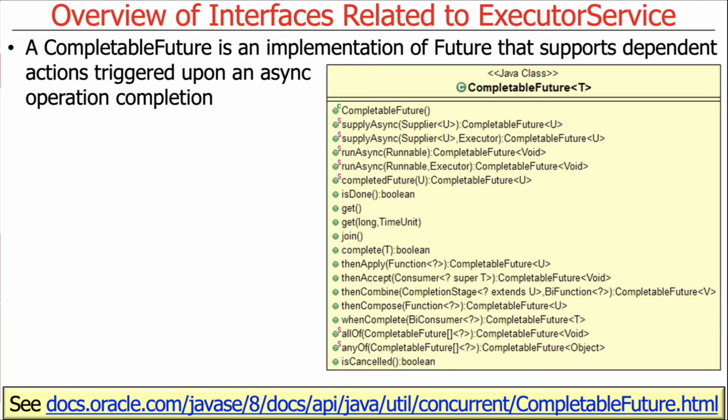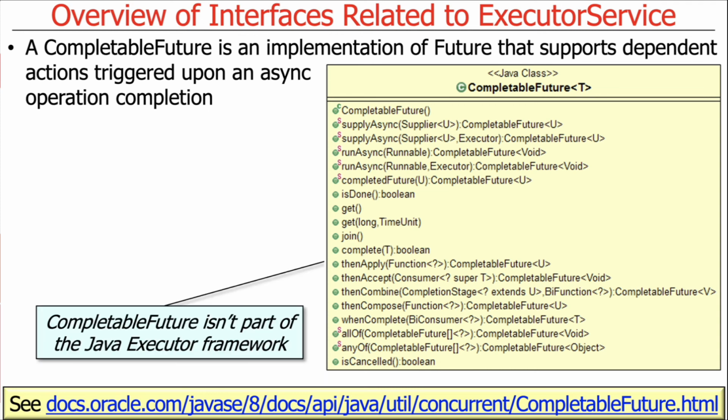And then there's also something called a CompletableFuture. We will not cover CompletableFuture in this course. This is a very, very powerful extension of Future that supports dependent actions triggered upon the completion of asynchronous operations. This is what's covered in my sibling course, which is the parallel functional programming course, which some of you have taken. So you've got a chance to play around with this stuff.